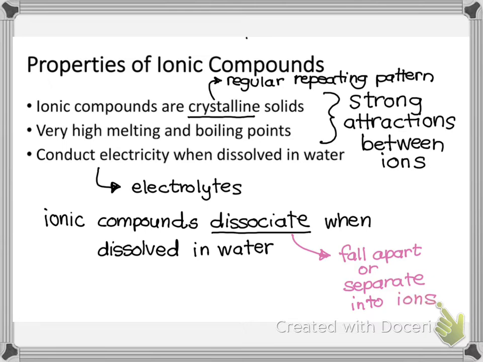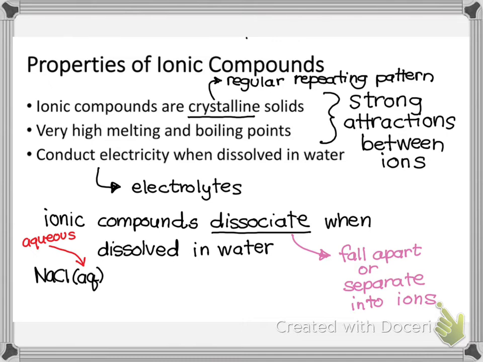So, for example, what happens if you had sodium chloride, table salt, and you dissolve it in water? One way we can represent something that's dissolved in water is by this symbol AQ. And AQ means aqueous, which designates dissolved in water.